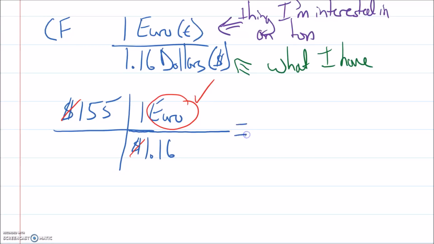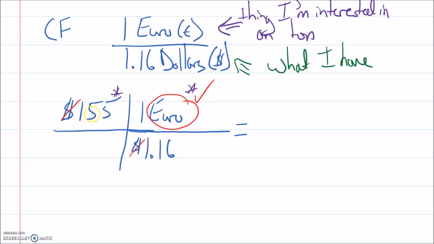So we go ahead and we do our math. What we do is we multiply everything on top. So we're going to multiply 155 by 1. And we know that 155 by 1 is just 155. Notice now that I'm not talking in units because we've canceled out dollars.